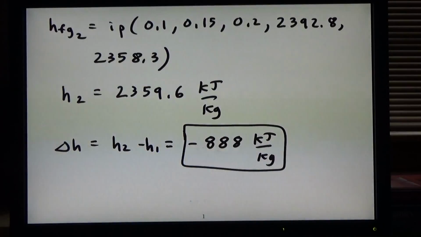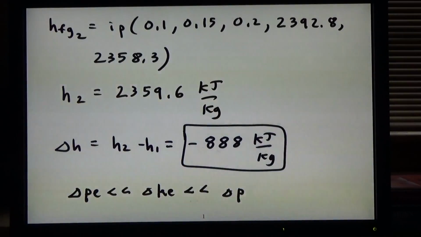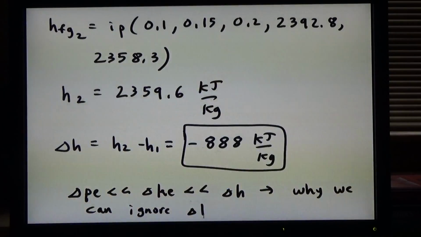So let's summarize this. We've seen that delta PE is much smaller than delta KE, which is much smaller than delta H. This is why we can ignore delta KE and delta PE in a lot of systems.